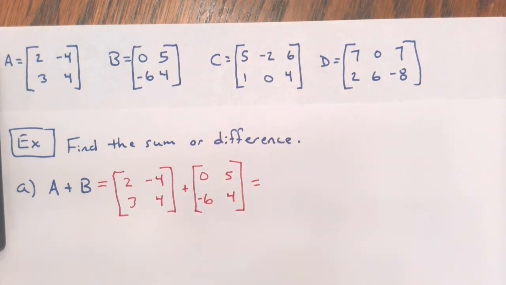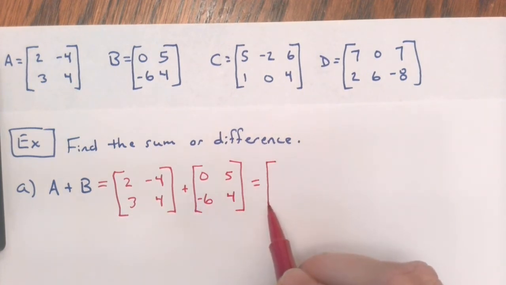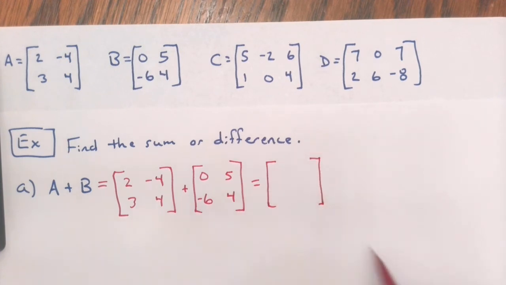Both of those matrices have the same dimension, so we will be able to add those together. When you add or subtract matrices, the answer is going to also be the same dimension as the original. So we have 2 2 by 2 matrices that we're going to be adding together. Our final answer is also going to be a 2 by 2 matrix.